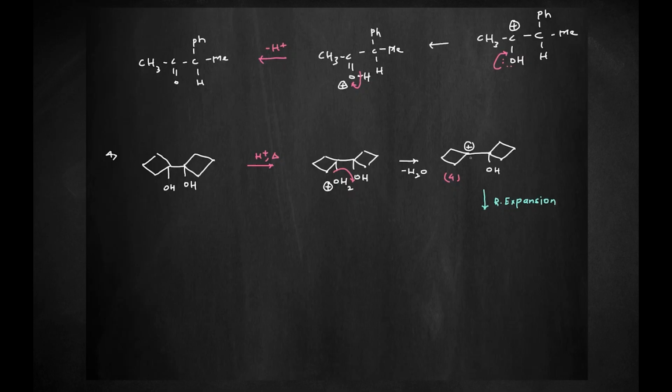Okay, so how to do that? 1 2 3, and you have to shift this particular bond here. Okay, now look at here, what will happen? Positive charge will come here.